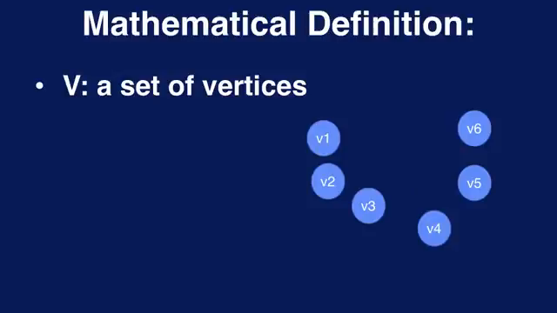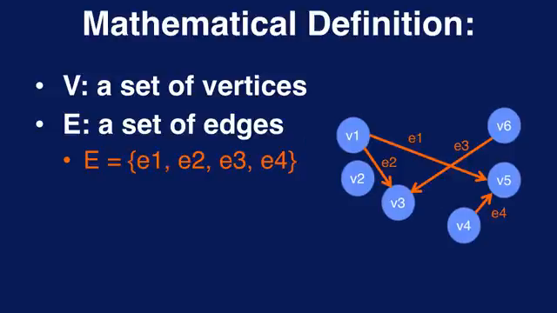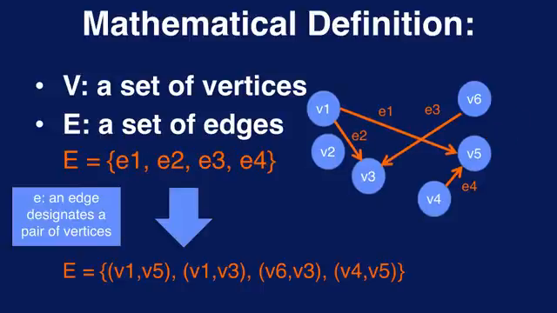We start with a set of vertices. Here we have a set of 6 nodes or vertices. Now I'll add another set. I'll call this the set of edges. In our diagram, there are only 4 edges, but there's something special about these edges. Each edge is not an ordinary atomic object.